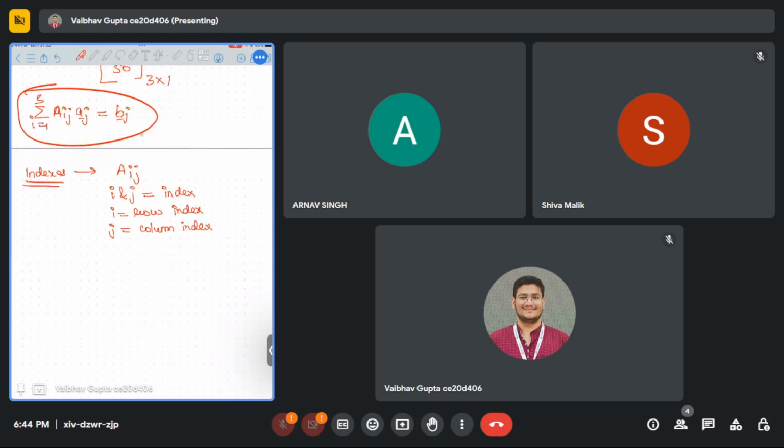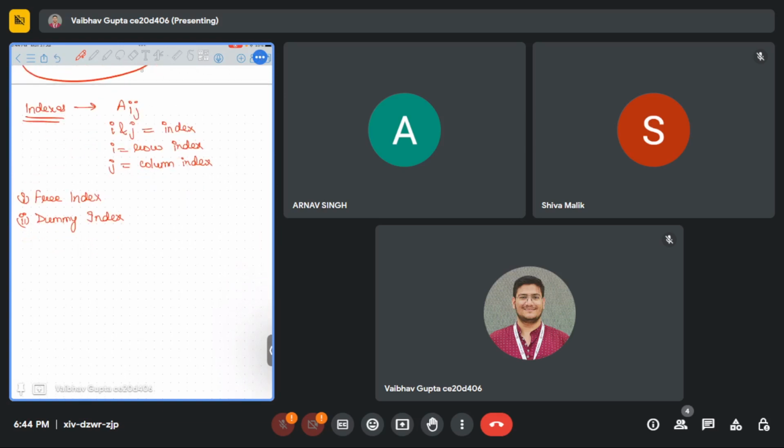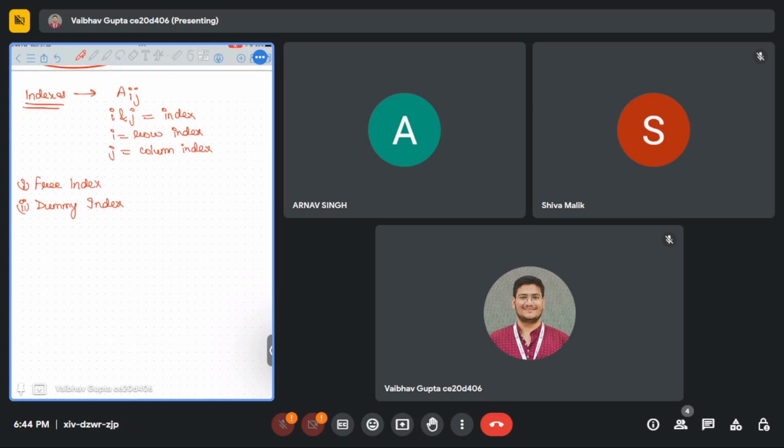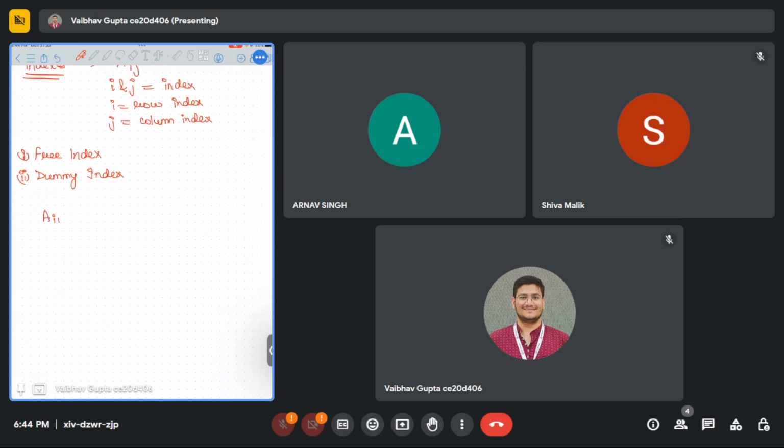Now we have two types of index. One is free index and second is dummy index. So suppose I write Aii is equal to some random constant number 4.